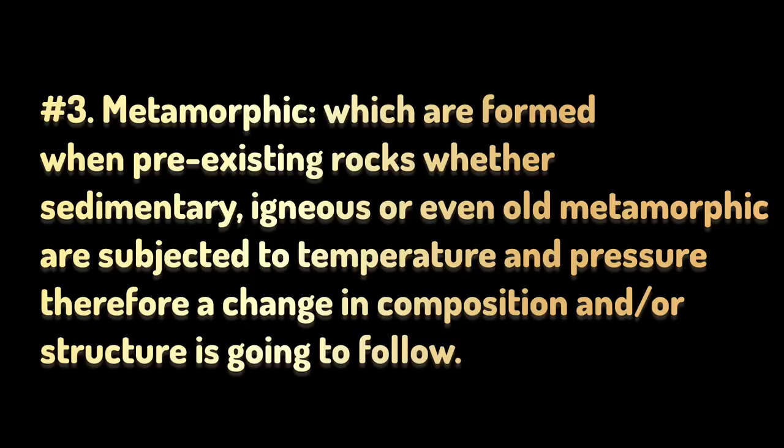Number three, metamorphic, which are formed when pre-existing rocks, whether sedimentary, igneous, or even old metamorphic, are subjected to temperature and pressure. Therefore, a change in composition and/or structure is going to follow.